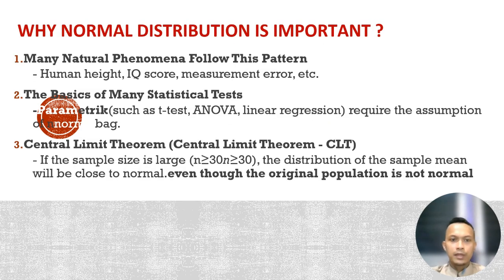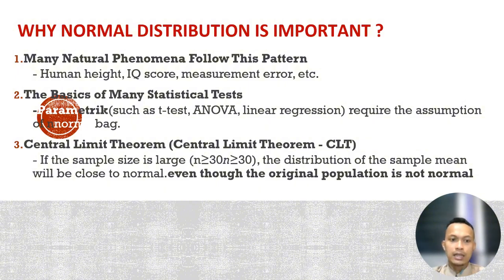Why is normal distribution important to learn? Many natural phenomena follow this pattern: human height, IQ score, measurement error. The second, the basis of many statistical tests, such as t-test, ANOVA, linear regression, and others.